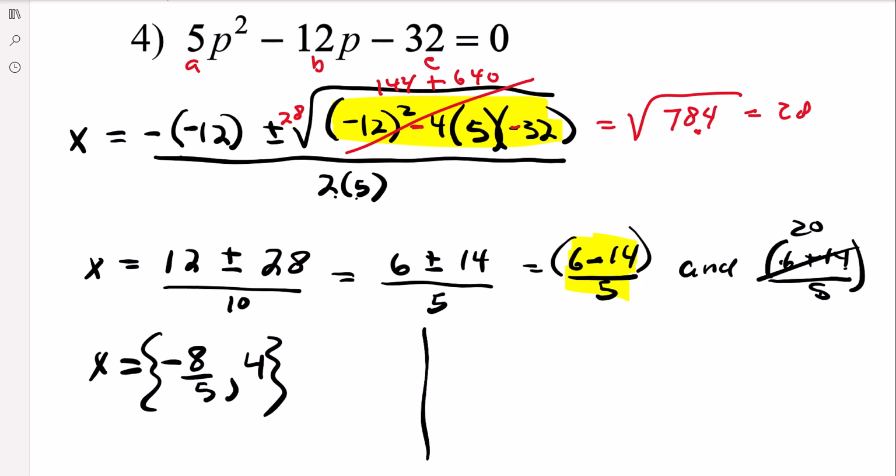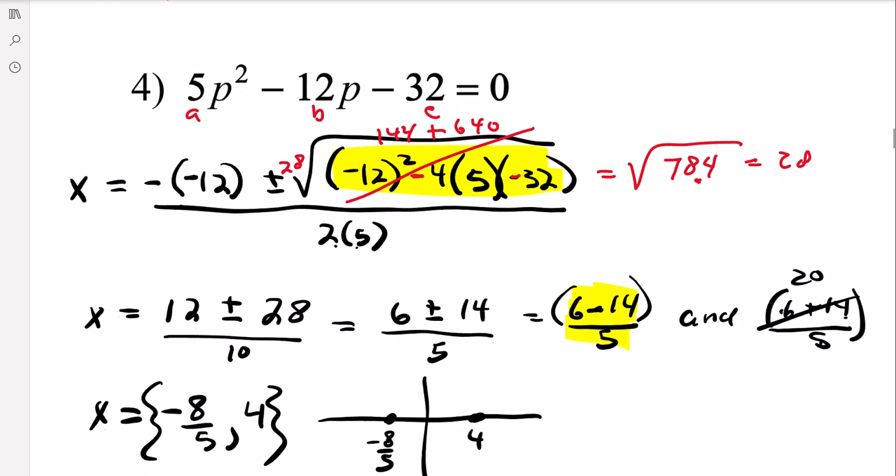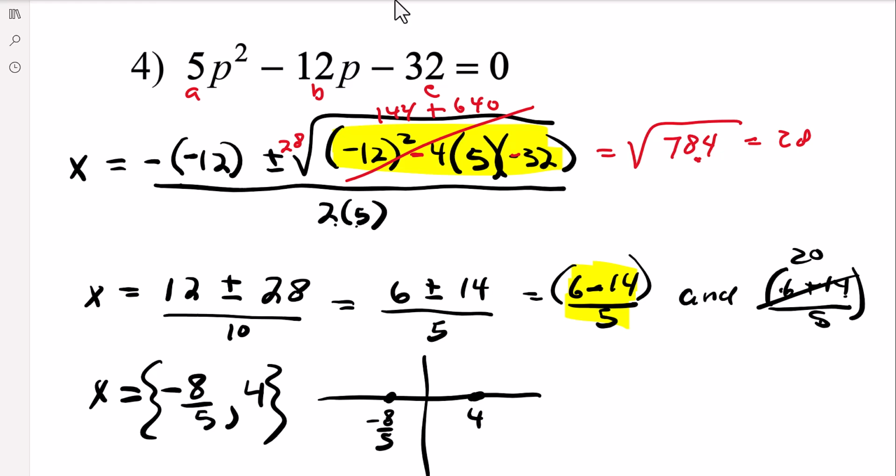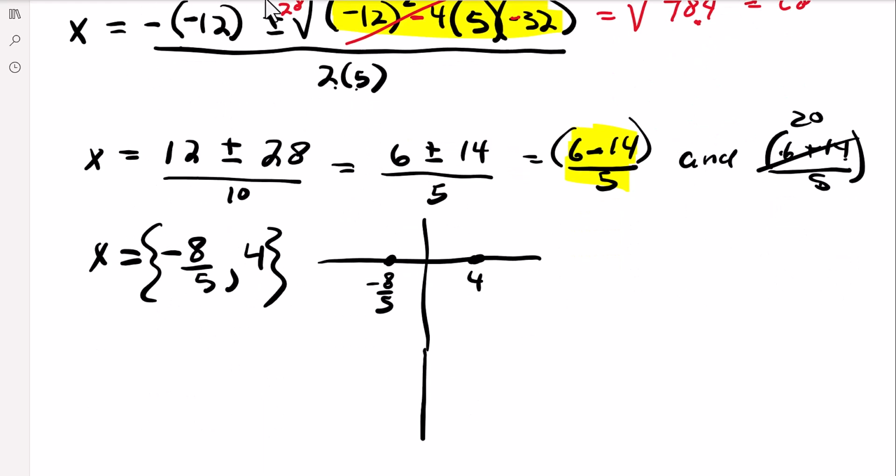So if you were to graph it, let's call this negative 8/5, which is a little bit more than 1.5, negative 1.6. This is positive 4. And we know we're touching down here at negative 32 on the y-axis.